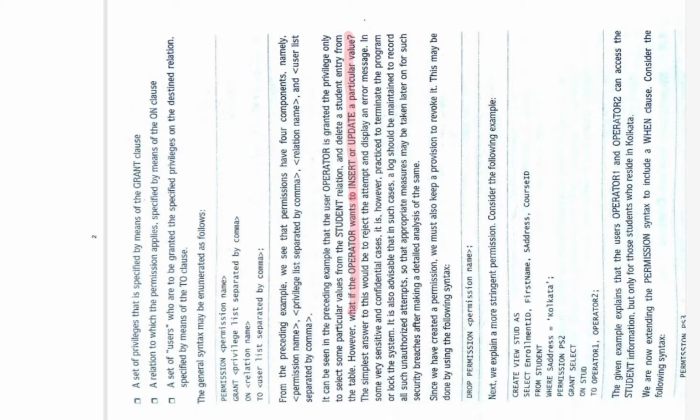That operator can access or delete some entries from the student table. The table name was student. So from that table this user operator can delete the entry for the columns student name, student address, and course ID. Suppose he wants to update or insert some values in those columns.